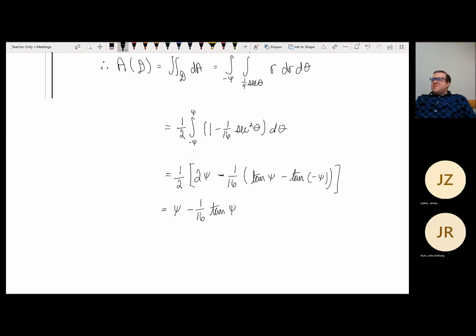Your trig instructors would be very sad right now. You're not allowed to factor out of a tangent because it's a function.